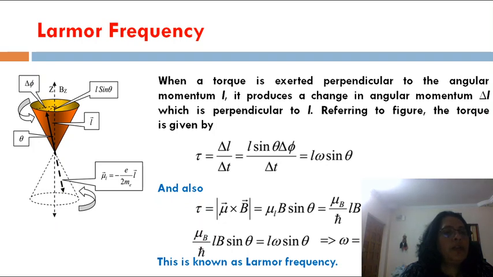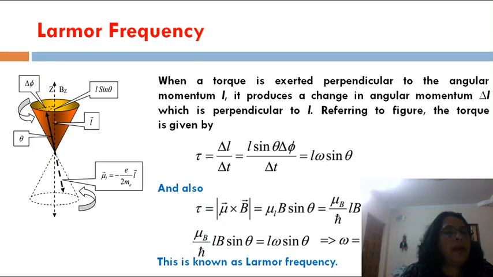In this figure, if we focus, this is the L direction, this is the Z direction, the B direction, and due to these two effects there is a change in L. This is L. What is L? Orbital angular momentum.